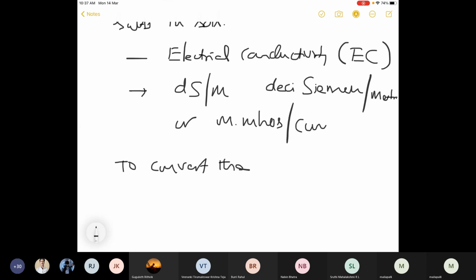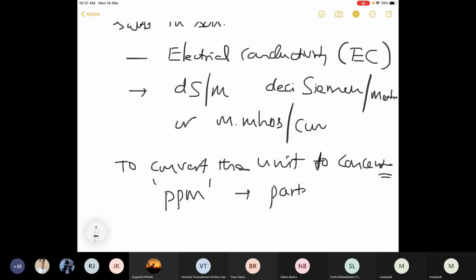So to convert the unit to concentration, that is in ppm. So ppm is the unit, we call it parts per million parts. So that means if you have million parts, so one part among the million parts is the ppm.